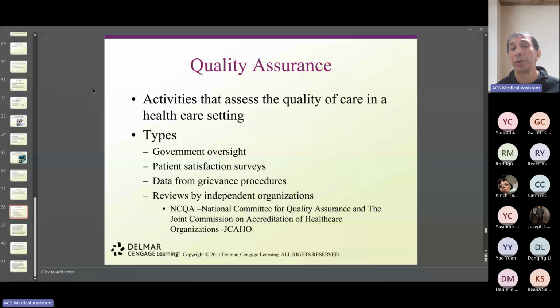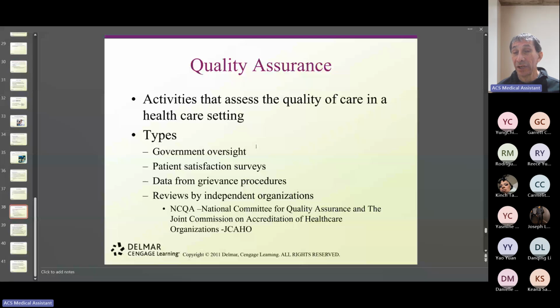Because we're going to receive all these patient satisfaction surveys. Remember, every single organization, whether it's medical or not, has these satisfaction surveys that they ask you to fill out. Certain organizations, when you receive service, ask you to complete a survey to say how the service was provided. The same goes for the patients. The patients can go to the website for that particular organization and fill out one of these surveys.